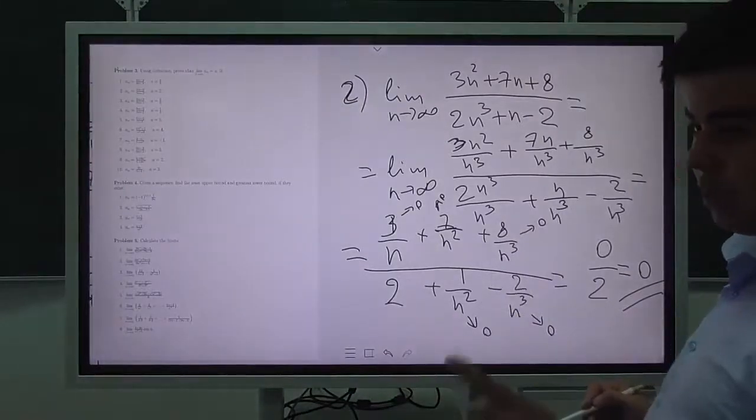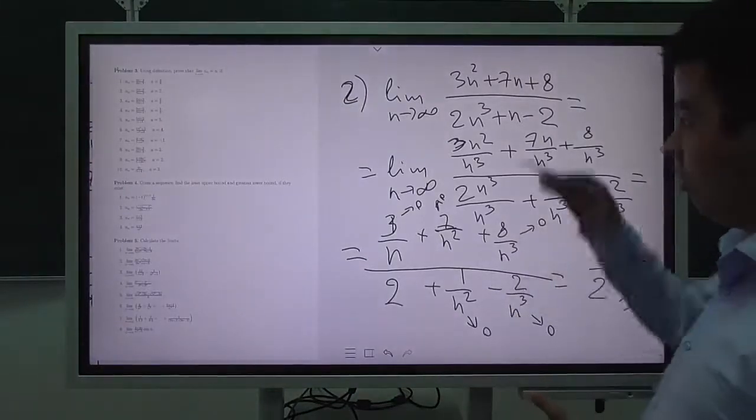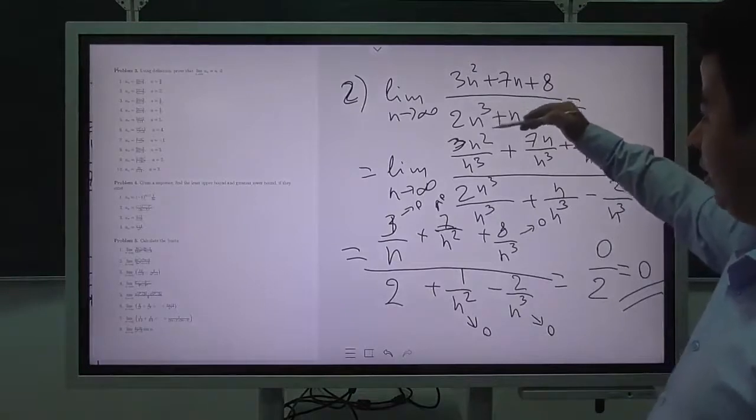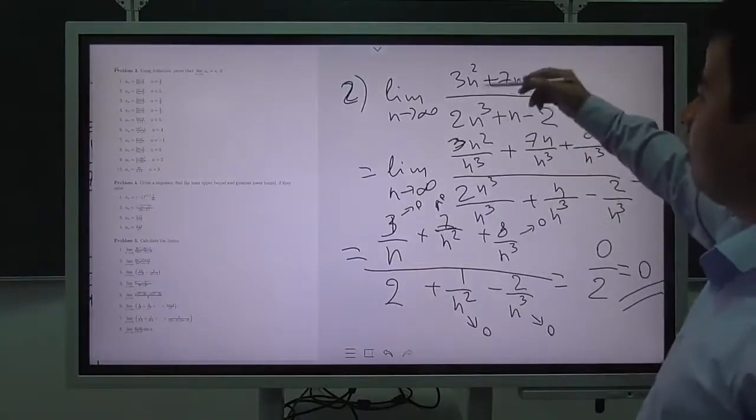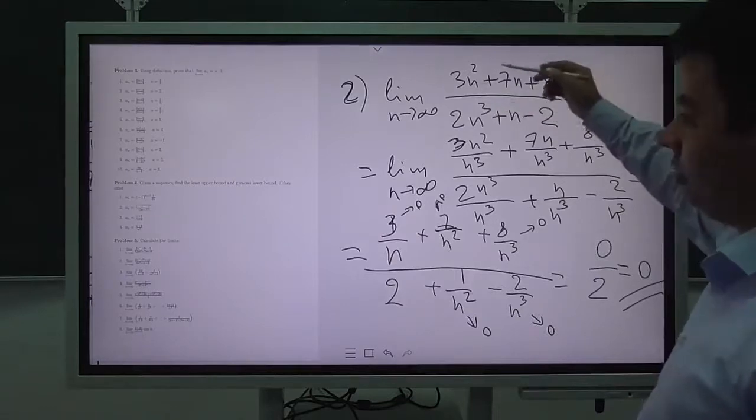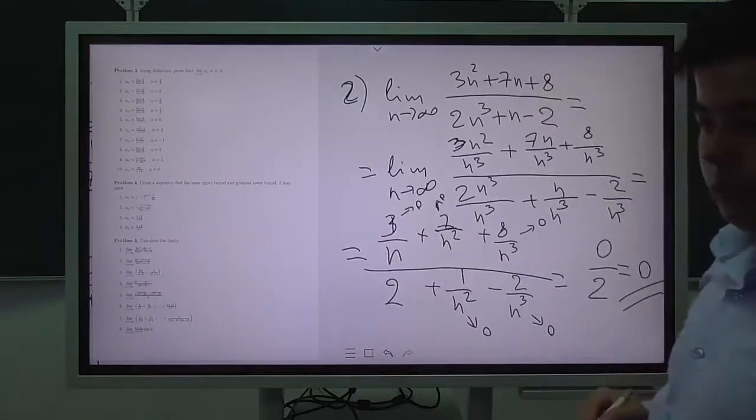One more time, if the power of n of the denominator is greater than the power of n of the numerator, it goes to 0.